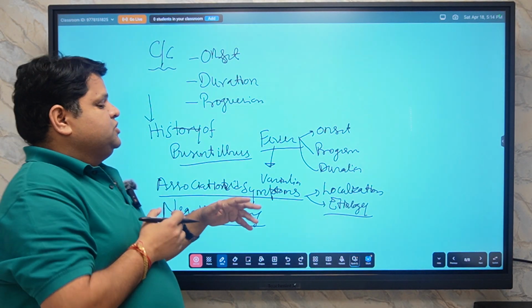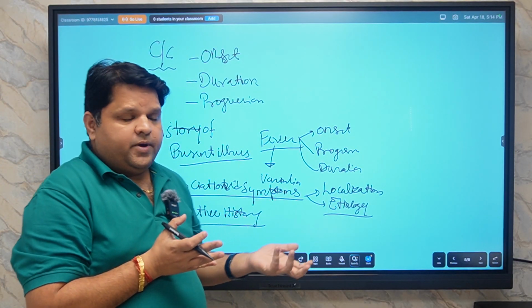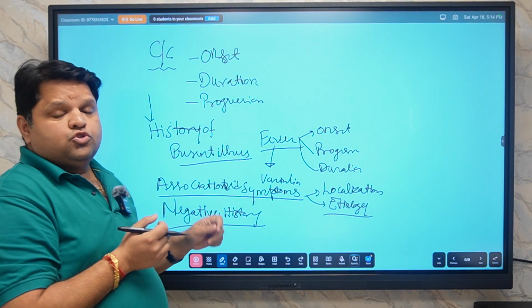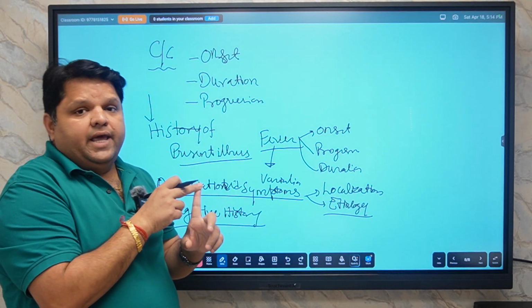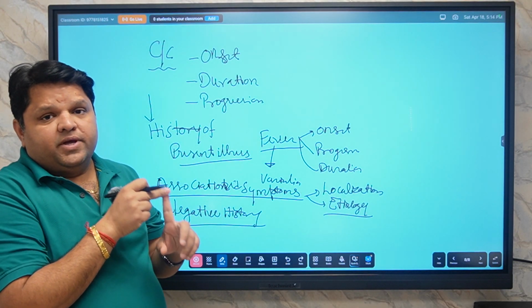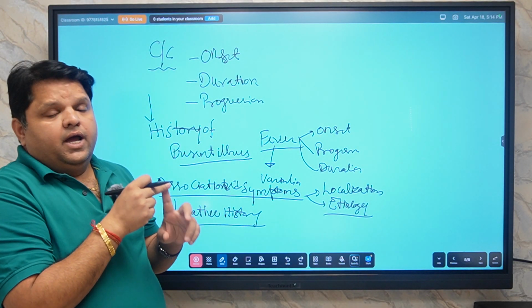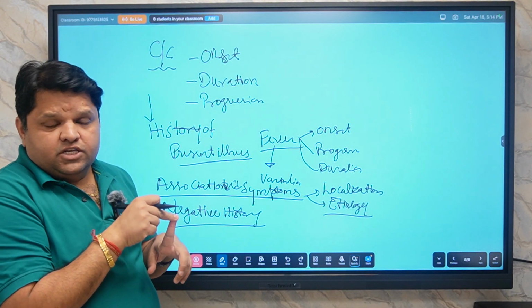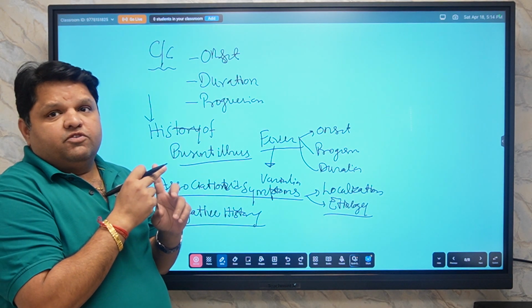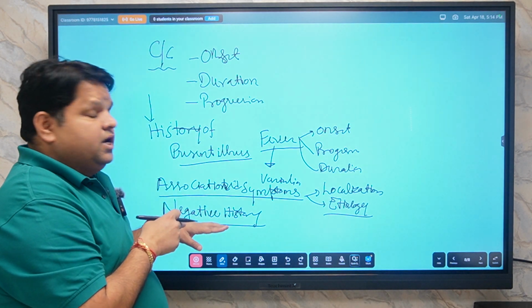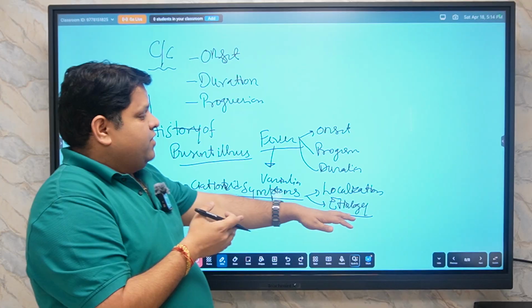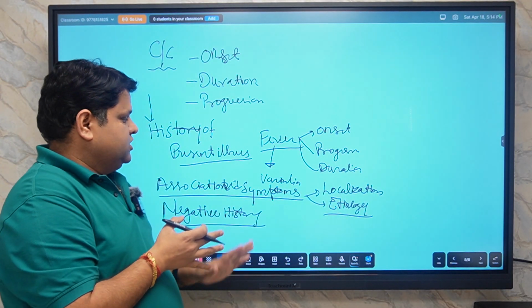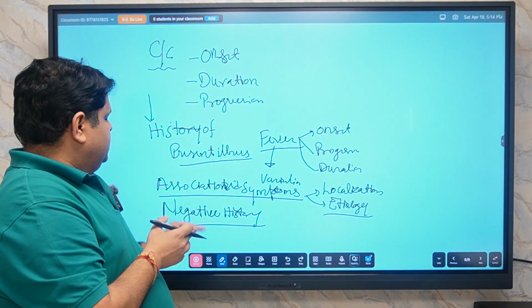Like if the patient has any type of neuropathy, in negative history we should ask for any drug history, like many drugs may cause neuropathy, like anti-tubercular treatment, chemotherapy drugs. You should ask alcohol intake history, any nutritional deficiency history. You should ask negative history to find out the etiology and for the localization point of view. So this is the negative history.